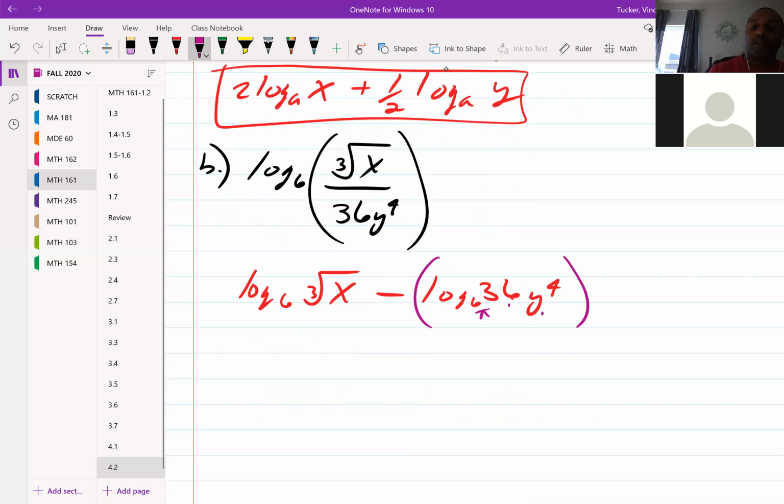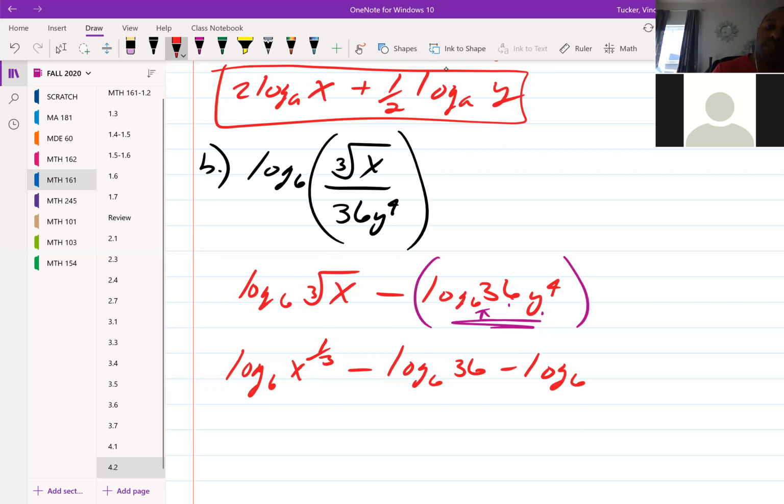So when I break this up here, this will be log base 6, I'm going to go ahead and write that as x to the 1/3, minus log base 6 of 36, minus log base 6 of y to the 4th.